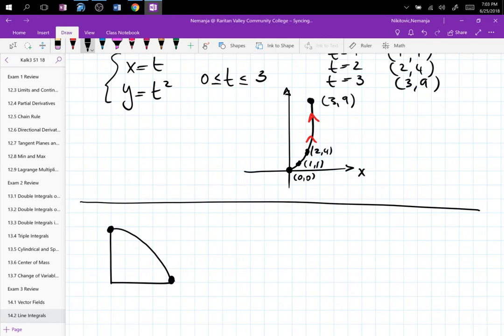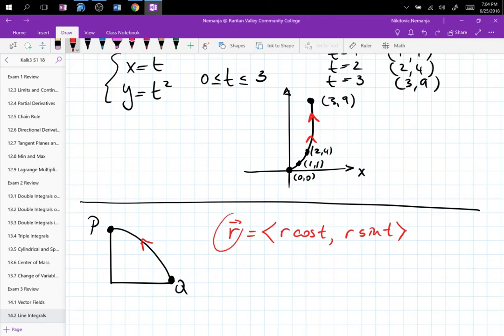Let's see, this is point P, this is point Q. Look what you can do. You can have the red path over here, and the red path is from Q to P. That would be counterclockwise. So if you're using red, your parameterization r is going to be r cosine t, r sine t, and this r is whatever the radius is. Maybe I should use rho?